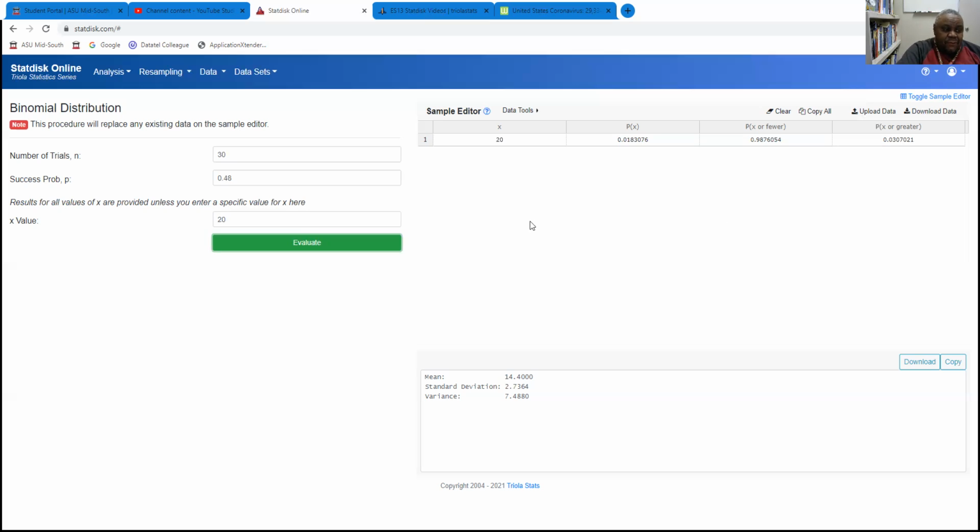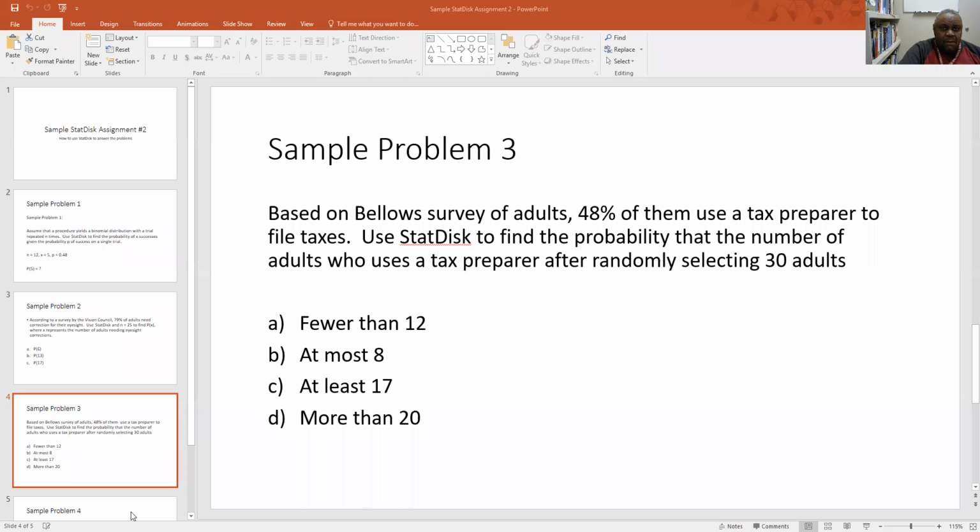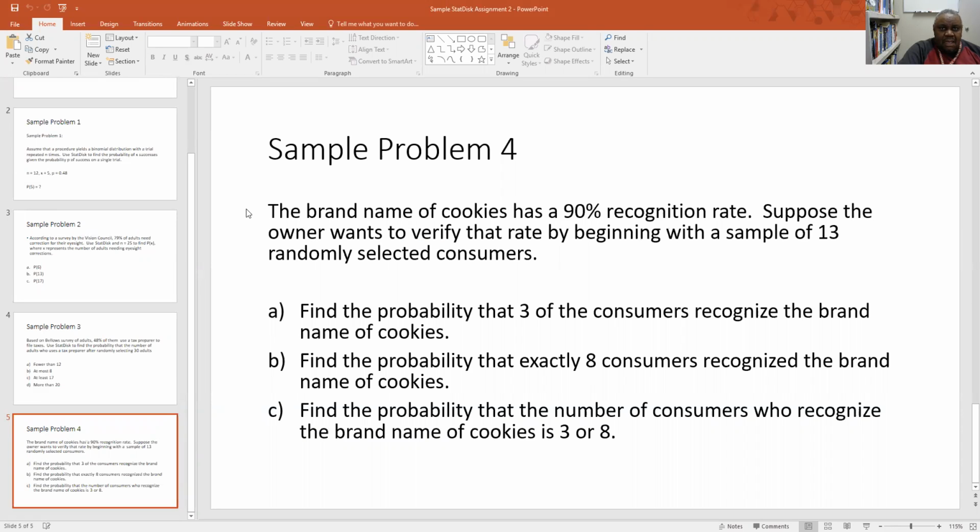So that's sample problem number 3. Now let's look at, finally, sample problem number 4. All right, and that's this. The brand name of cookies has a 90% recognition rate.